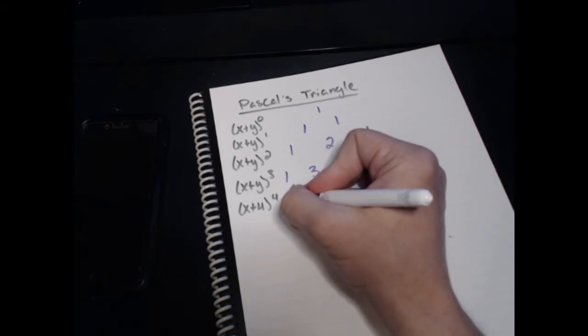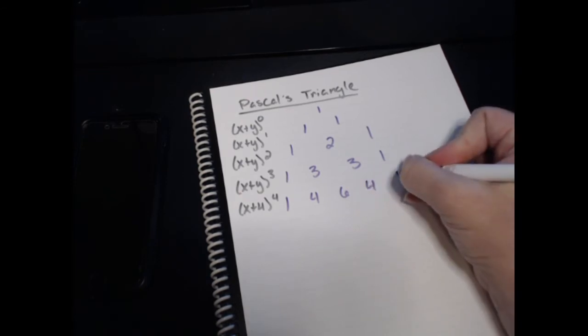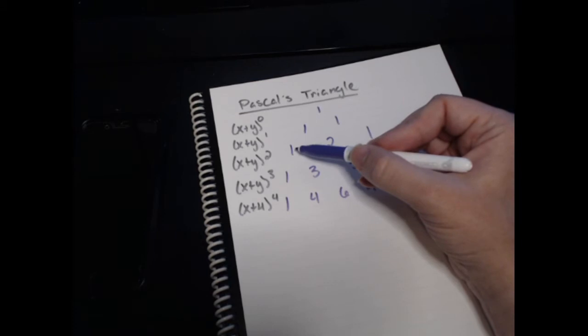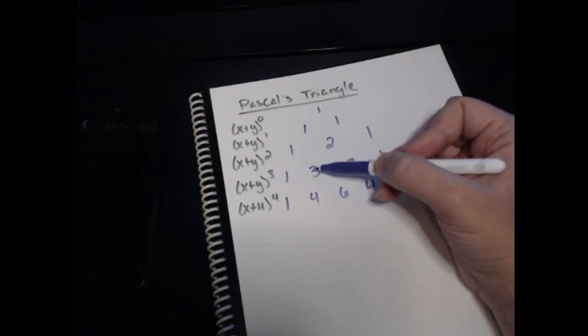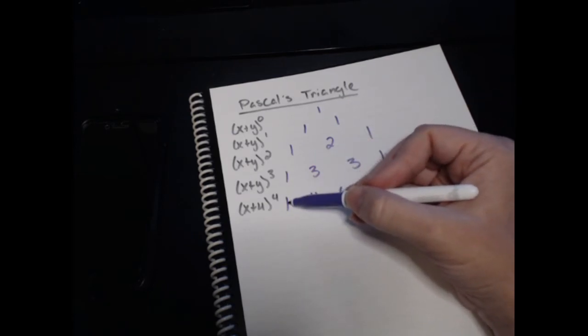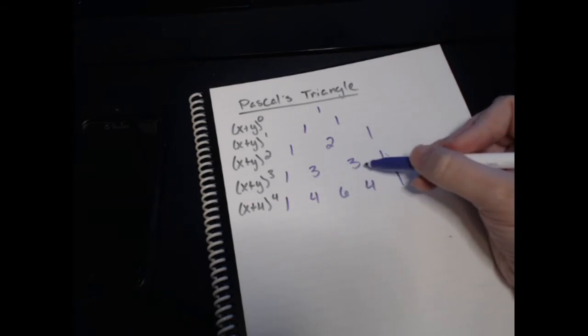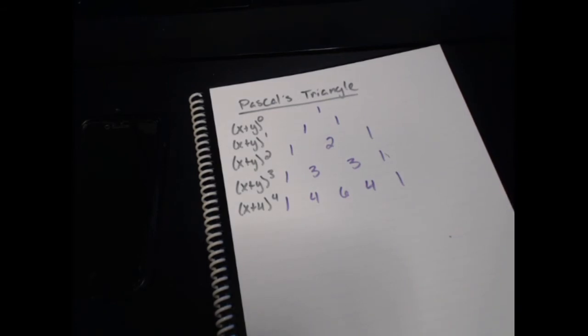Then you have 1, 4, 6, 4, 1. The 1s are always on the outside, and then you have a middle term that's 2. Then 1 plus 2 is 3, 1 plus 2 is 3, 1. Then 1, 1 plus 3 is 4, 3 plus 3 is 6, 3 plus 1 is 4, 1. And that repeats every single time.